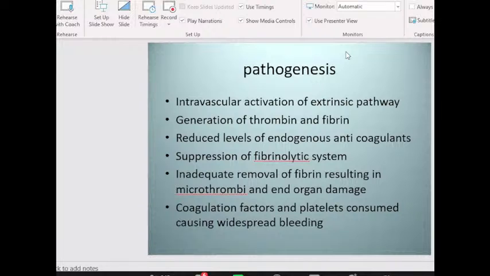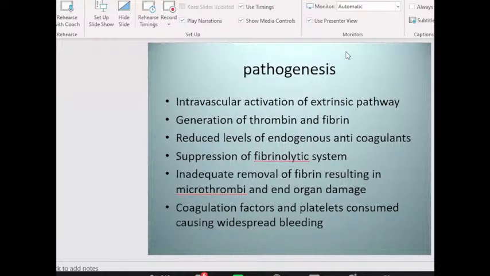But fibrinolysis, basically, you get plasminogen activated to plasmin, and plasmin degrades fibrin. So there is increased plasmin that is generated, which is responsible for causing fibrinolysis in advanced liver disease.